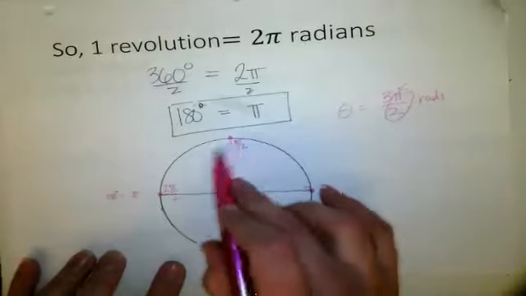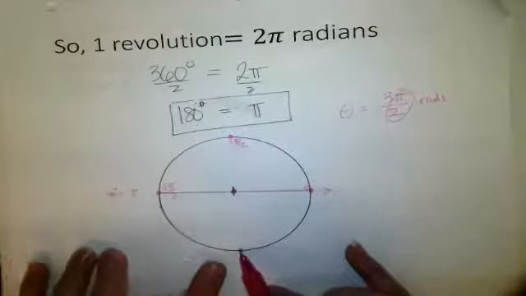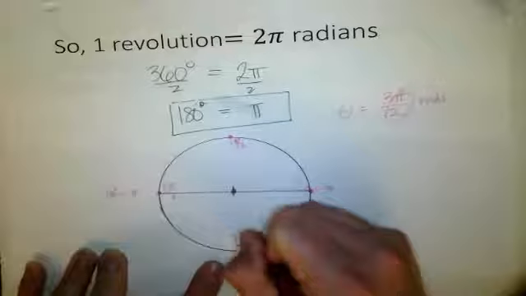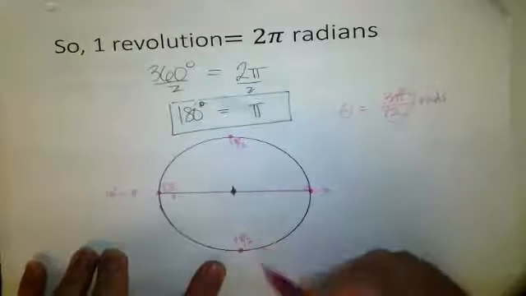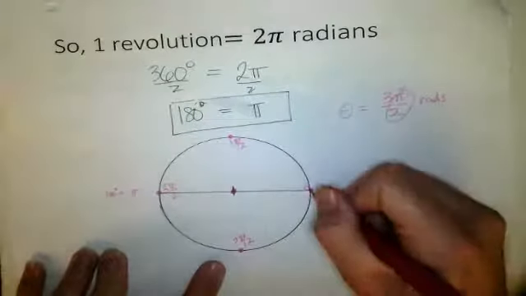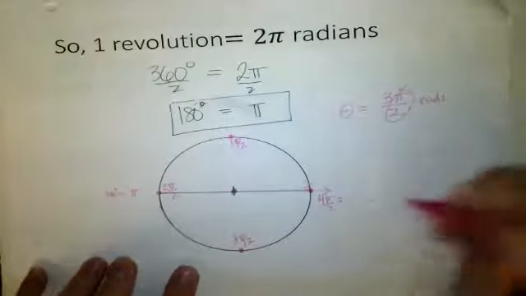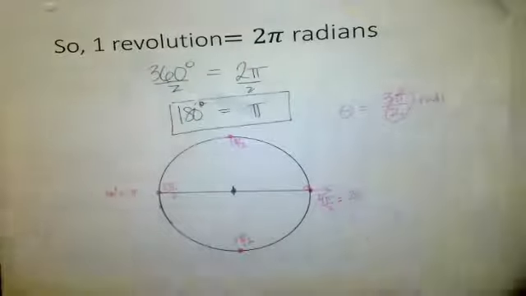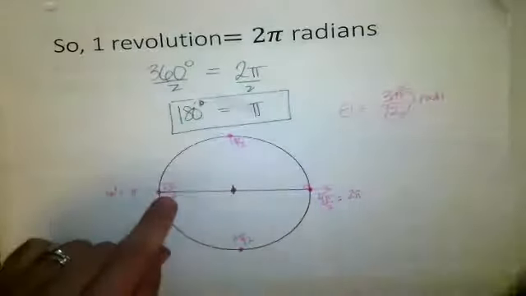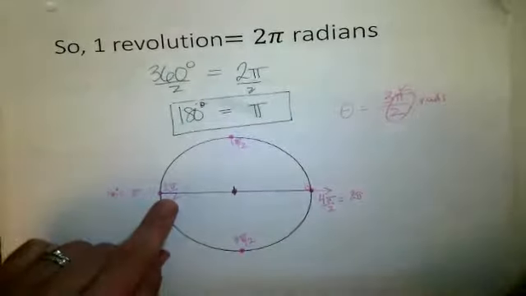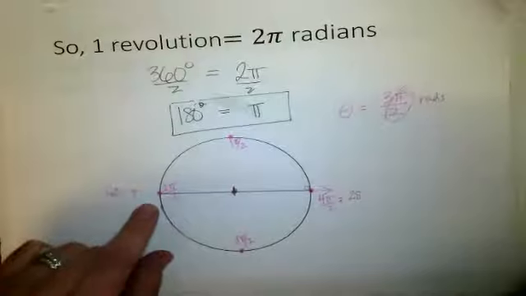1 pi over 2, 2 pi's over 2. What's down here? 3 pi's over 2. Whoa. What's this? 4 pi's over 2, which is 2 pi all the way around. What happens to 2 pi over 2? It's just pi, isn't it?